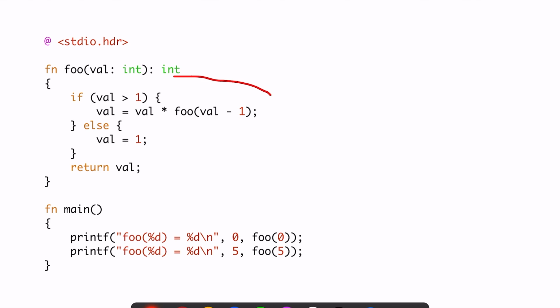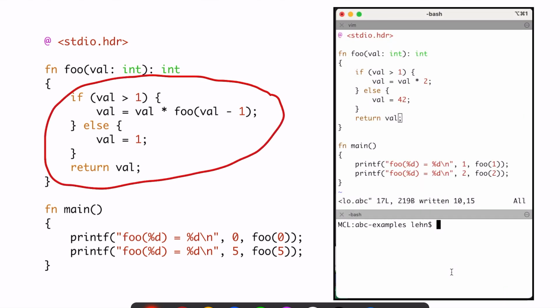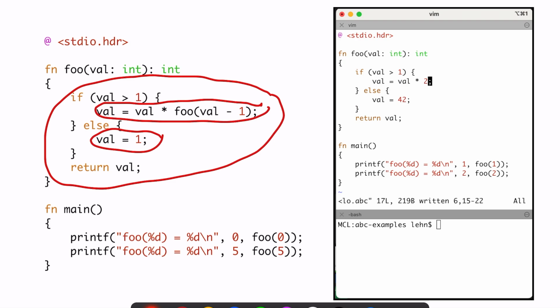And with another small modification, in particular here and here, we actually can turn this function foo into a function which is doing something more useful. In this case, it's computing the factorial of val recursively. Now, technically, the thing is very simple to understand, basically the same as before.